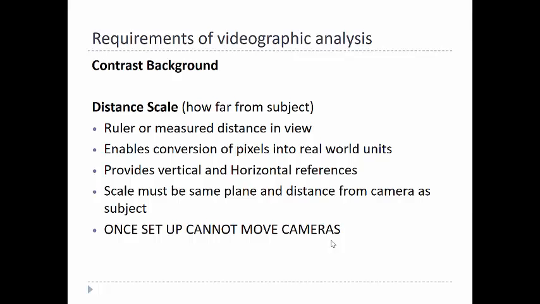We can provide vertical or horizontal reference frames, and the scale must be in the same plane and the same distance from the camera as where the participant will be placed. I'll show you an image to give you a description of what that might look like in a second.